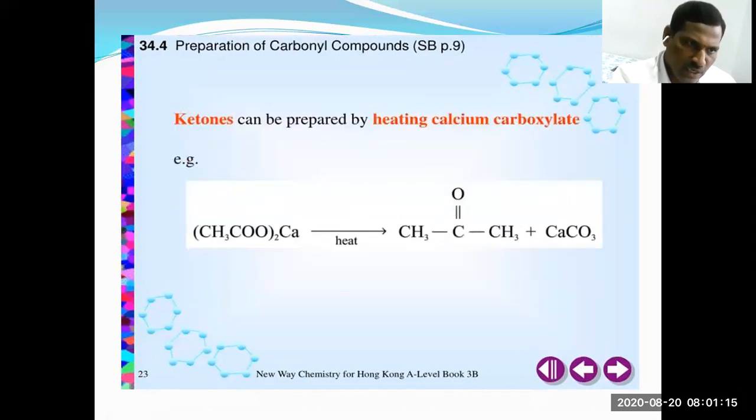Preparation of carbonyl compounds by heating calcium acetate only, you can get acetone. So the mixture of calcium acetate and calcium formate gives aldehyde, acetaldehyde, whereas if you take only calcium acetate, you can get acetone.